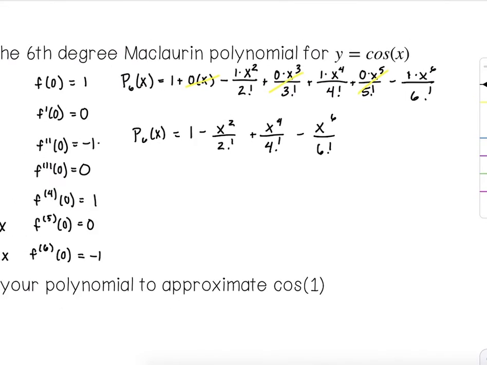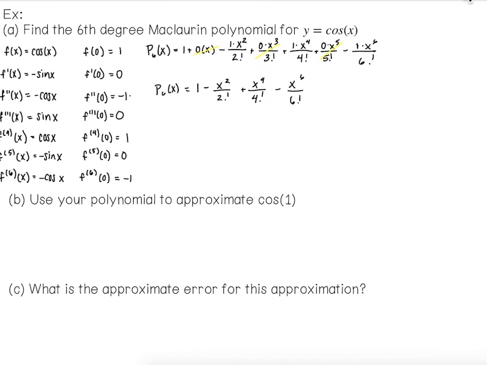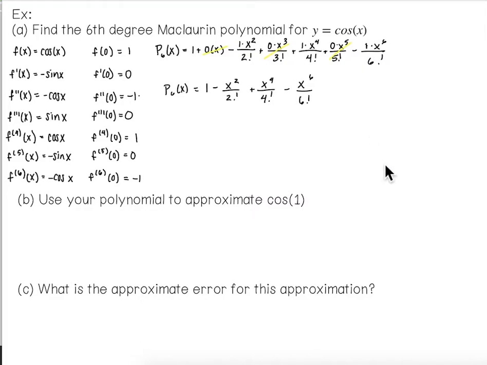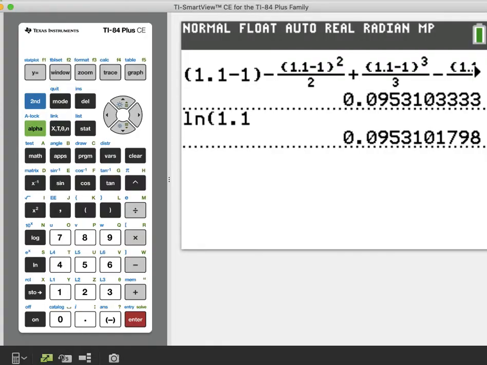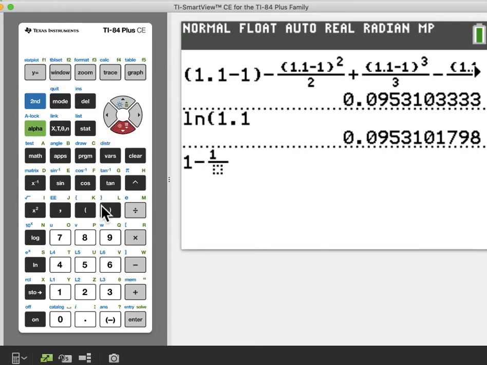Okay, let's go out a little bit. Okay, so we are going to use that polynomial to approximate cosine of 1. So cosine of 1 is going to be approximately P6 of 1. And then all we're going to do is type that into our handy-dandy calculator. So I'm going to get 1 minus 1 squared, which is just 1, over 2 factorial, which is 2.